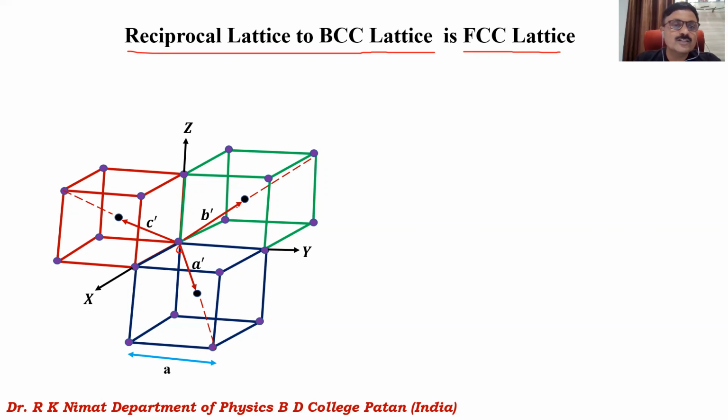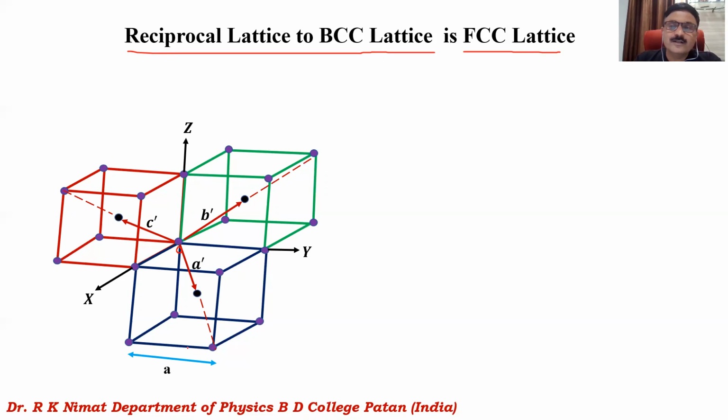Because if you construct the lattice using these three primitive translational vectors a dash, b dash, and c dash, you will get that primitive unit cell.